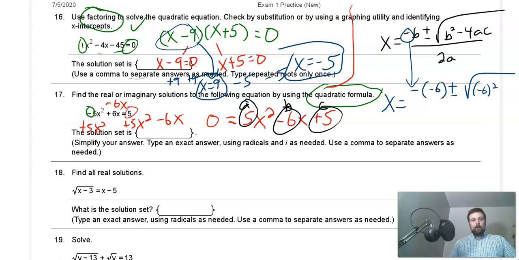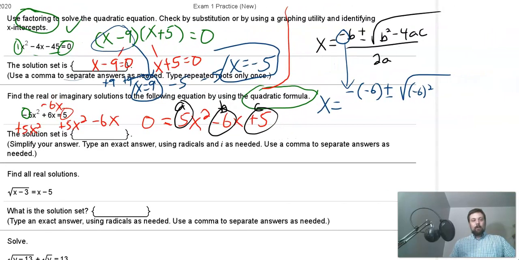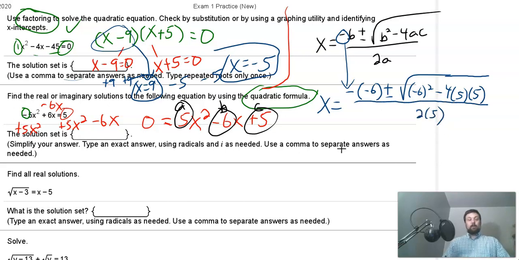I'm going to have to scroll over here because I'm out of room. Minus 4 times a, which is 5, times c, which is also 5. The whole thing divided by 2 times a, which is 5. There's the solution. We just solved the equation. However, can't leave it like this. So we need to simplify.